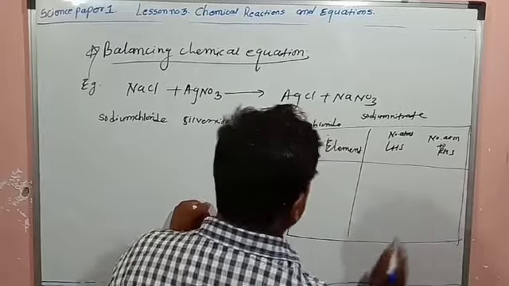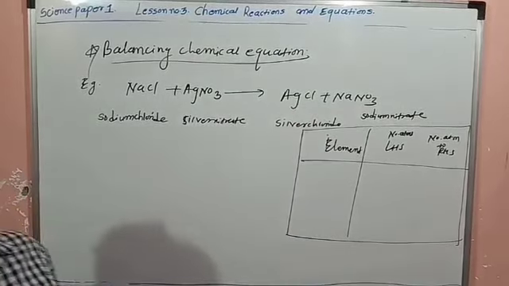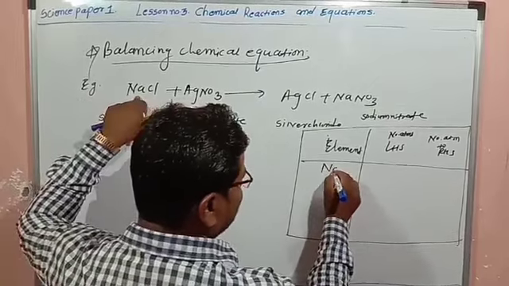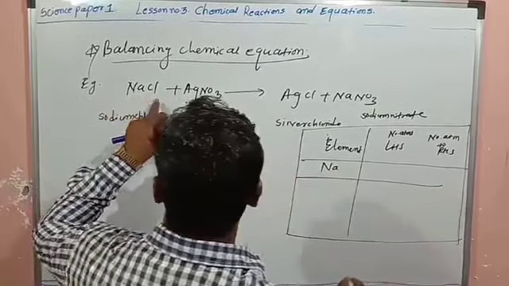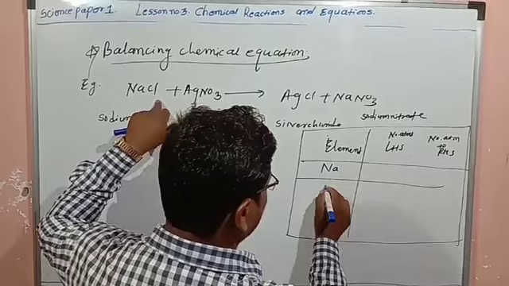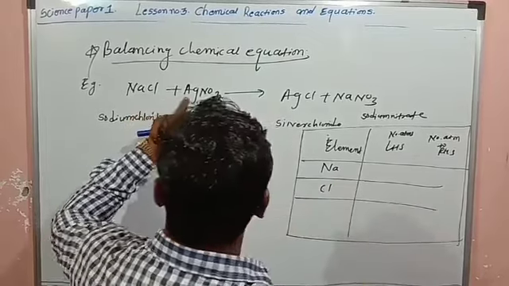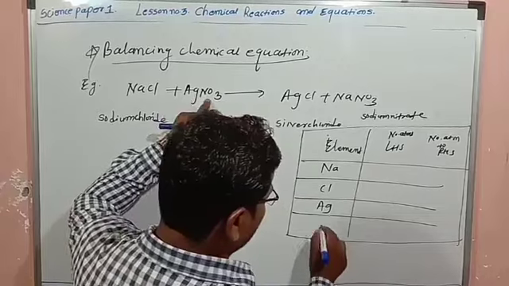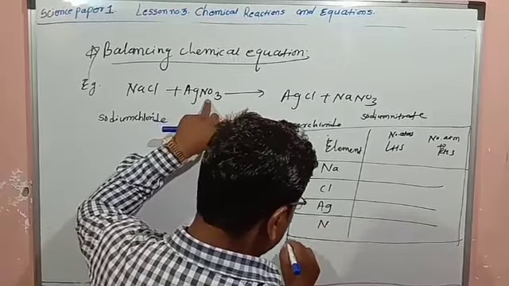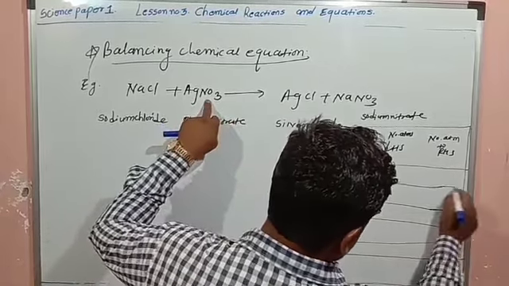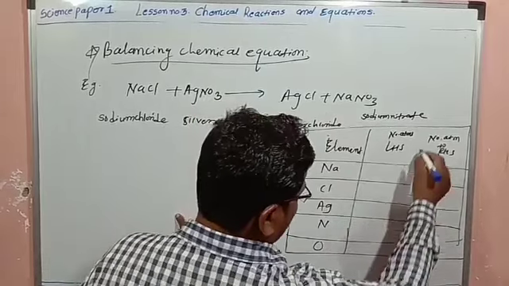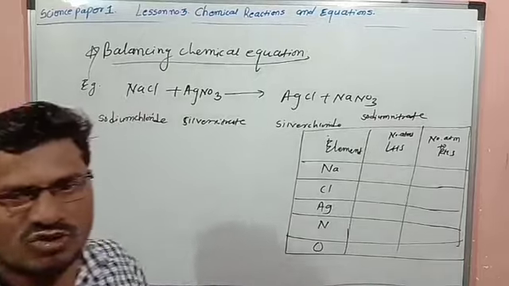In that table which elements are there, we are going to write. First one is sodium, second one is chlorine, third one is silver, fourth one is nitrogen, and fifth one is oxygen.